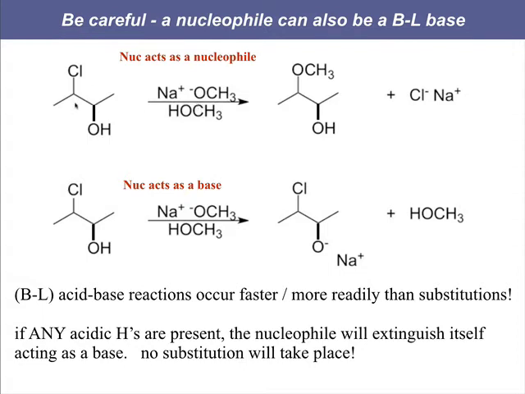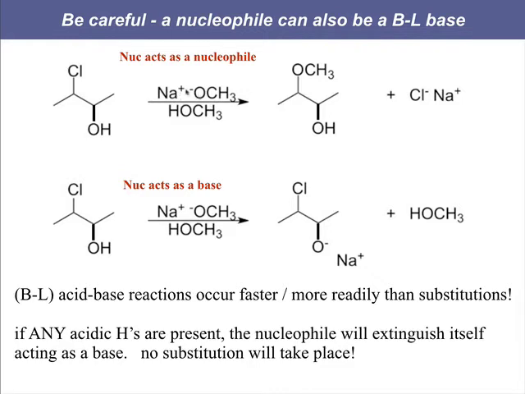Now, you're probably saying, Dr. DeHorst, this is a protic solvent. It's got an acidic hydrogen on it. So why are we allowed to use a protic solvent when you just told us that we can't have any acidic hydrogens around? Here's the answer. The reason we can get away with using a protic solvent here is that if our nucleophile grabs the H from our solvent, we just remake our nucleophile.